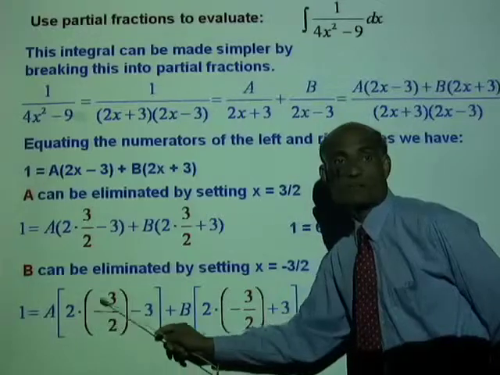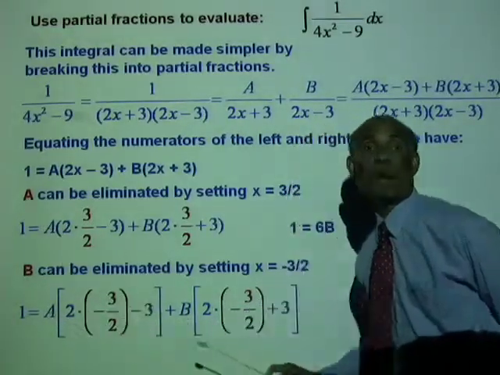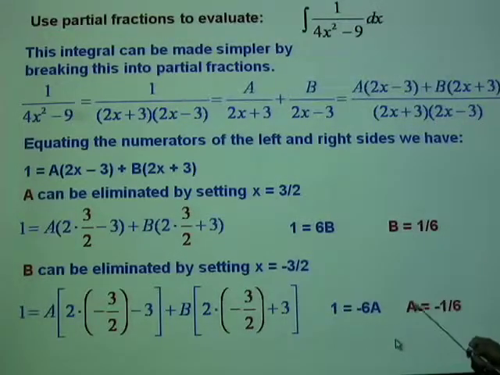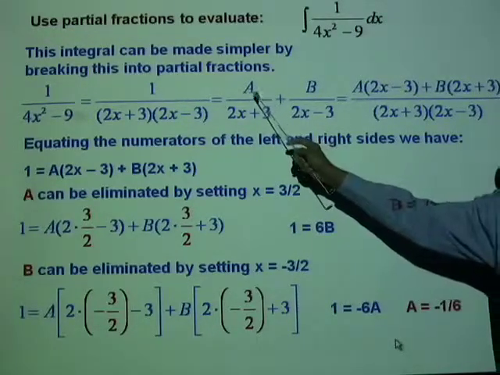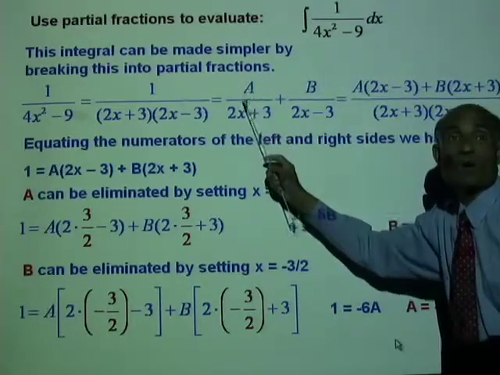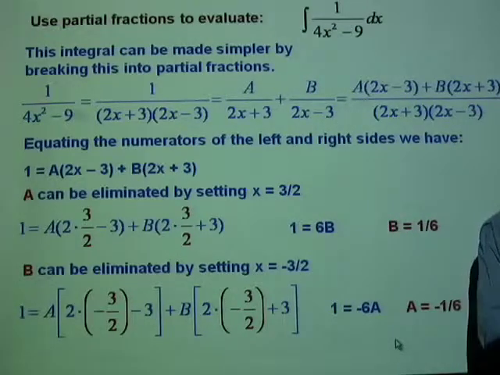It will be negative 3 minus 3, negative 6a. You get 1 equal to negative 6a. And that gives you a equal to negative 1 over 6. So we can now take the values of a. What's a equal to? A is negative 1 over 6 and b is positive 1 over 6.